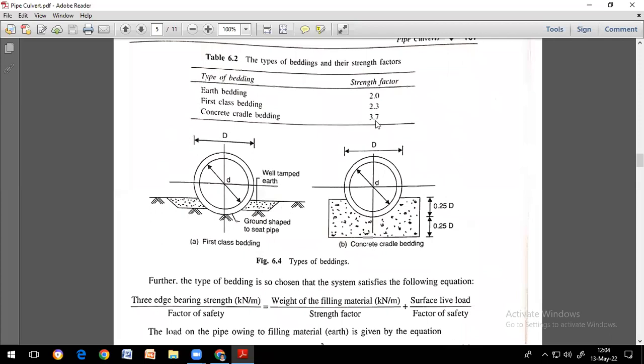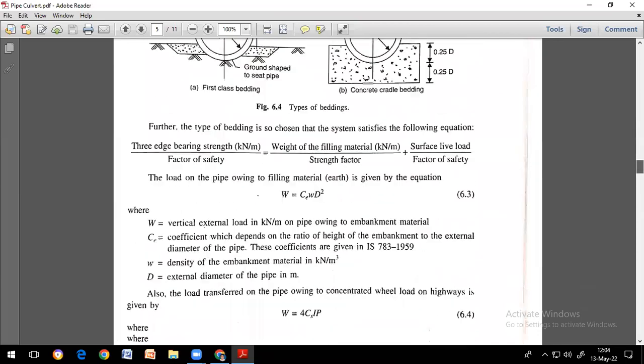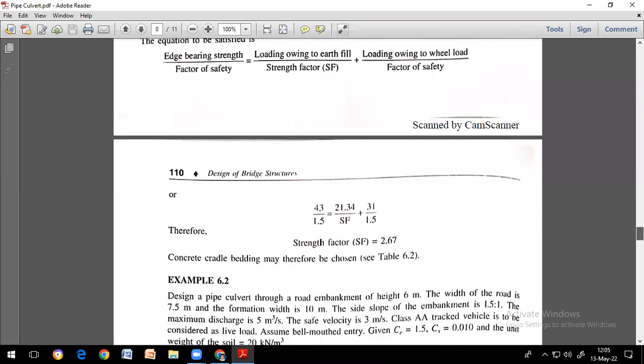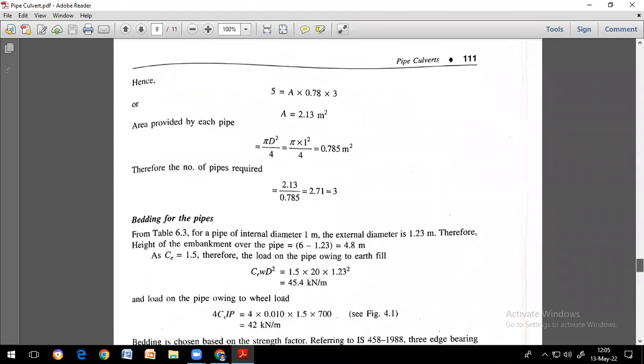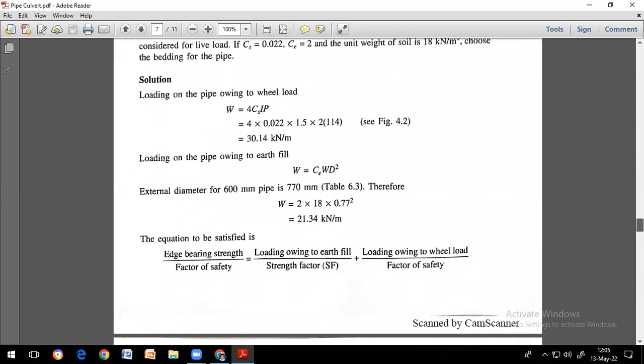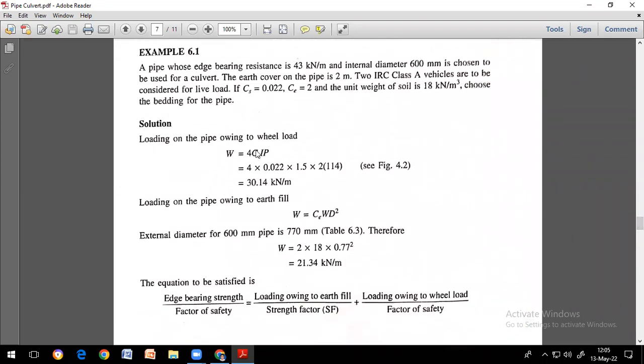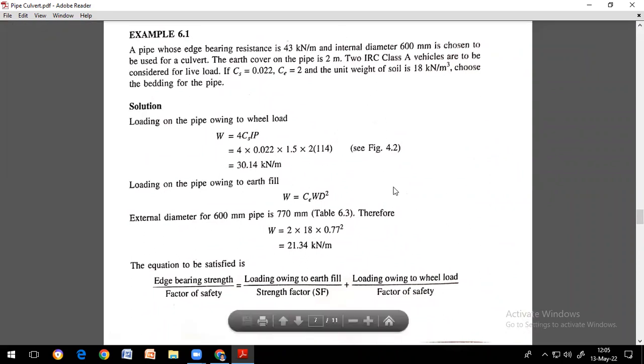If the strength factor is 3.7, the bedding is concrete cradle bedding. Ante, so here in this problem, I have to calculate what is the strength factor. So let's calculate the strength factor by knowing the other parameters.